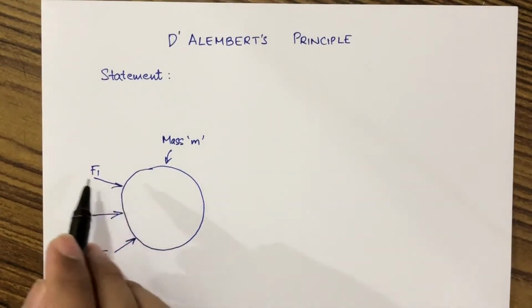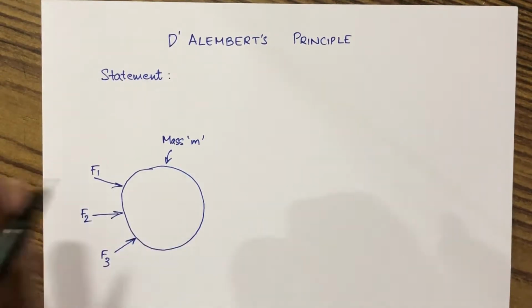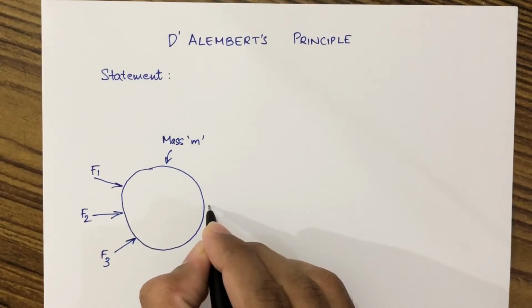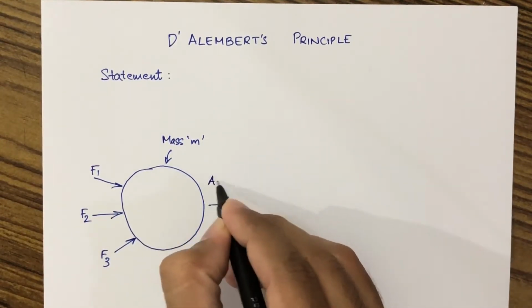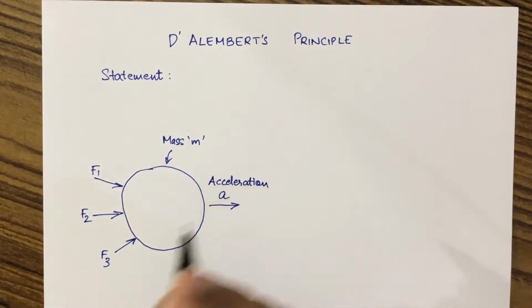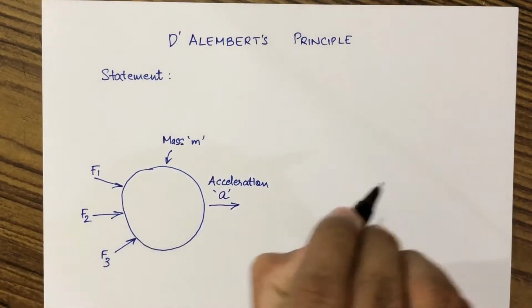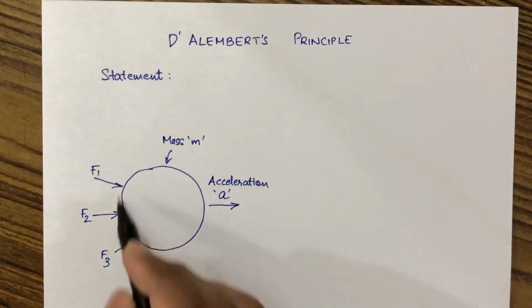When these three forces act in this direction, obviously the body will try to move with a uniform acceleration, and it will try to move in the direction of the force only, under the action of these three forces.